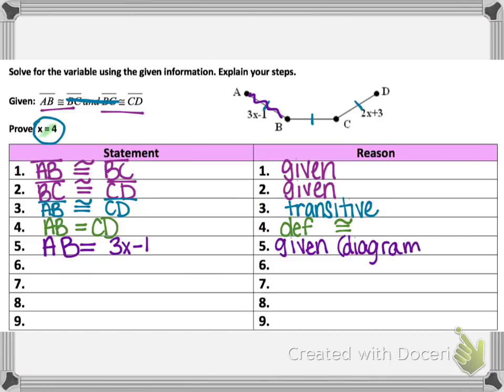I'm just trying to help you out so that way you know what's going on. Now, if AB is equal to 3x minus 1, then that means CD is going to be equal to 2x plus 3. And that is also given to me.